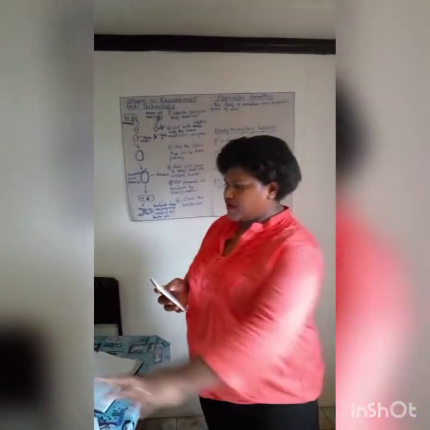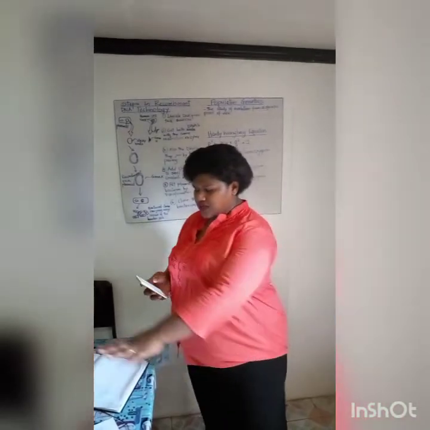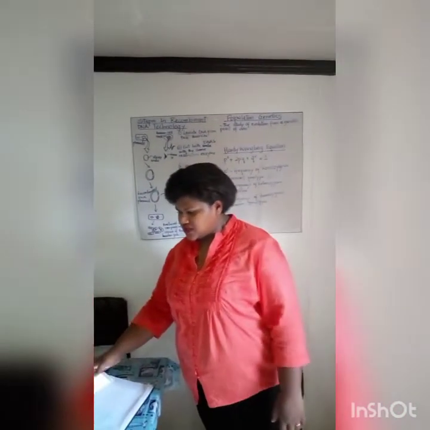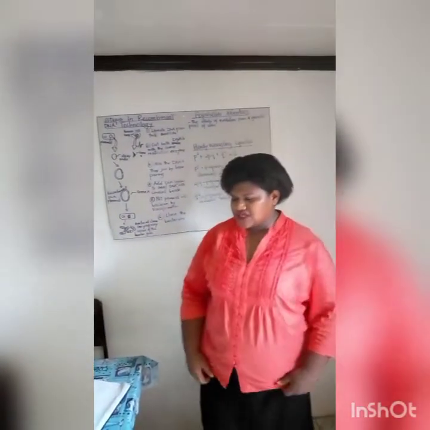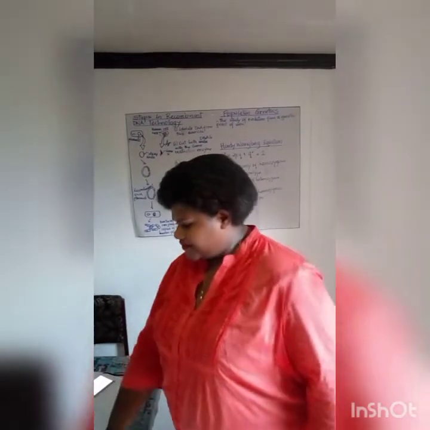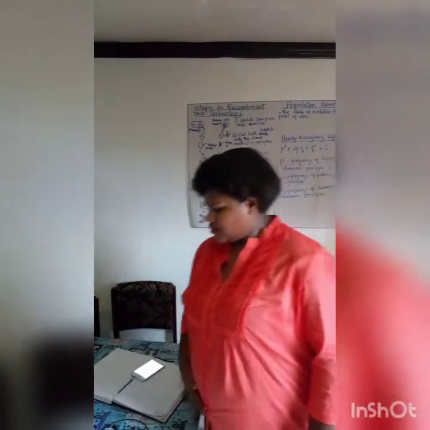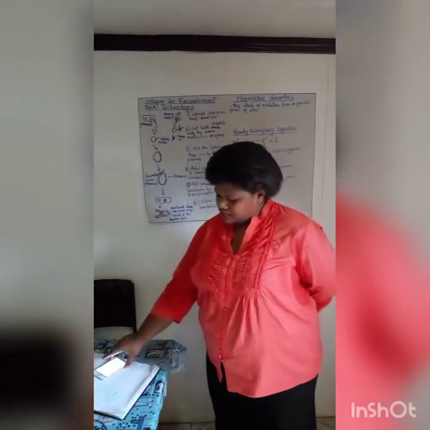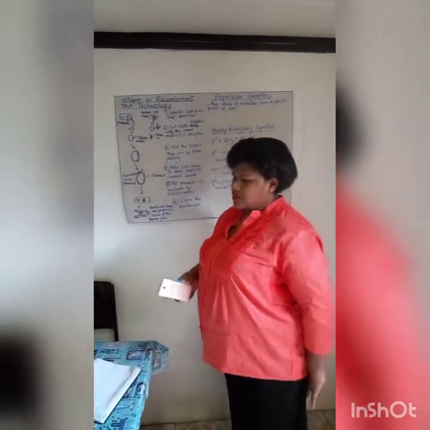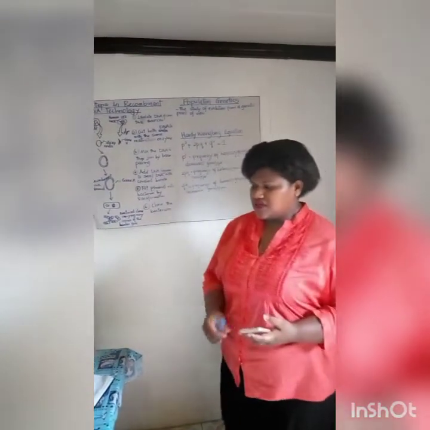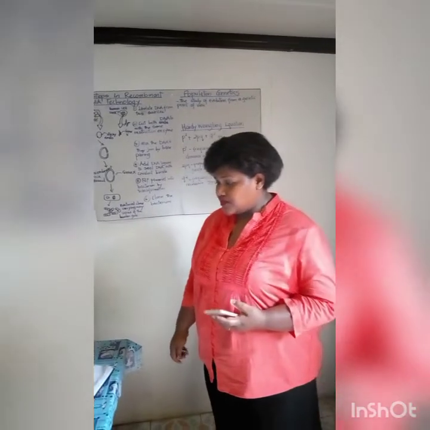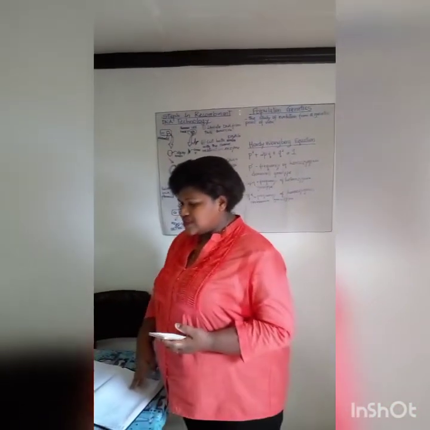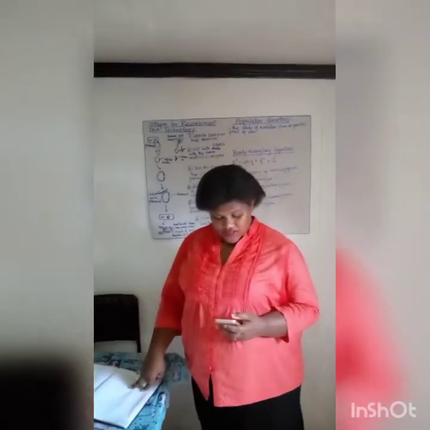Answer those questions, then we'll mark it at the end of this activity. You may start. You may discuss. All students have to be involved in the discussion of those 3 questions. Then we'll discuss it together in class.